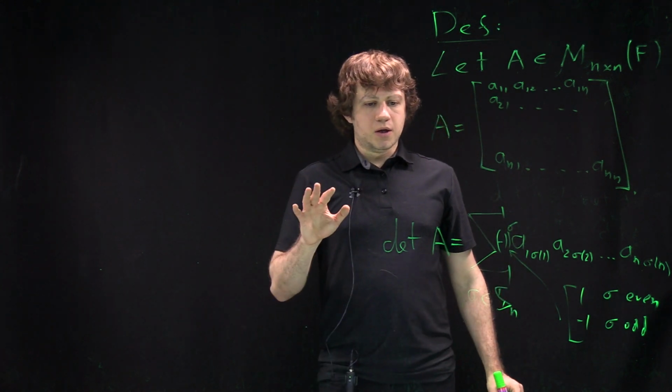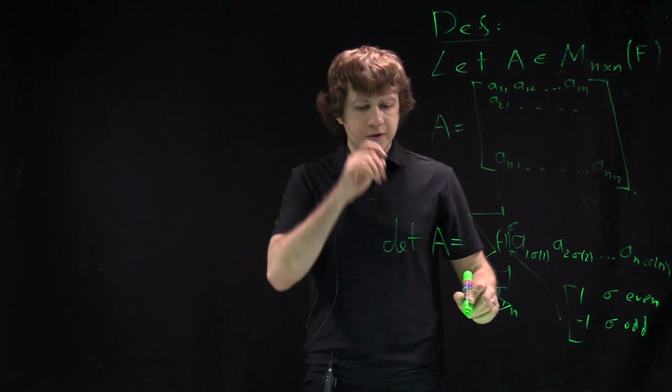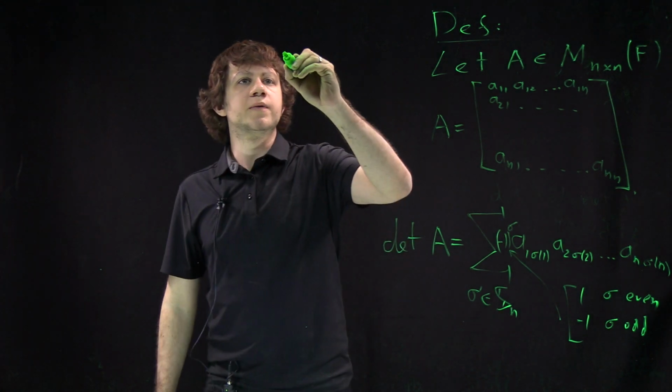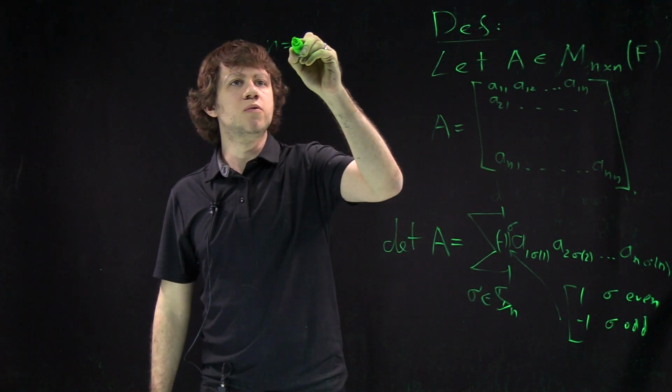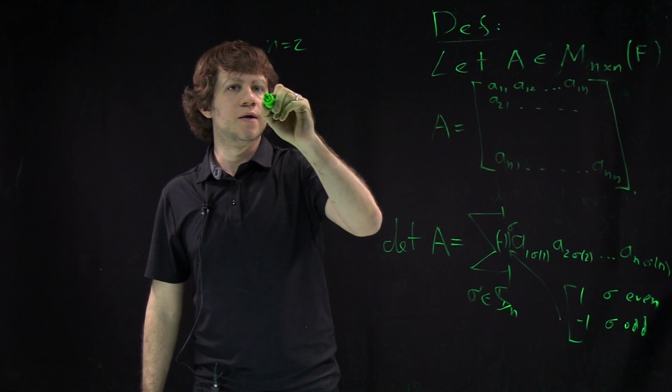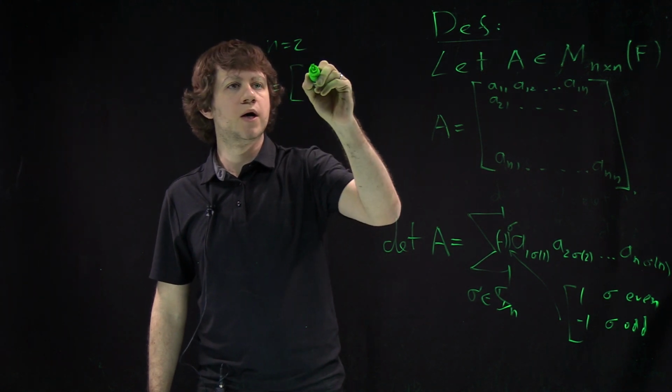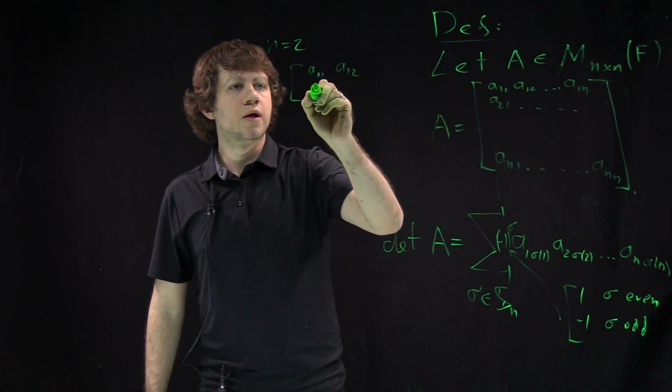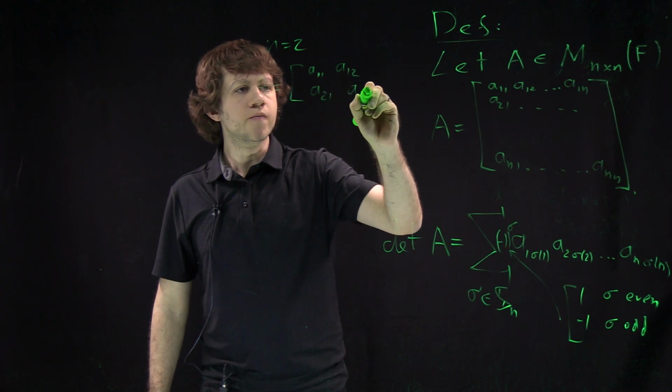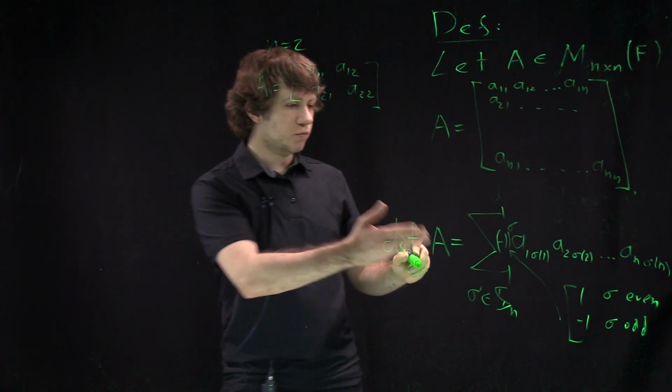Okay, so before doing anything, let me just start with an example. So if n equals 2, then we have A being A11, A12, A21, A22. And then there are two permutations.